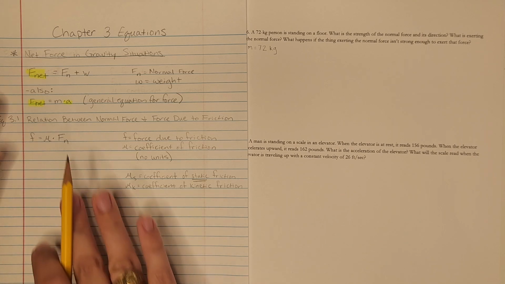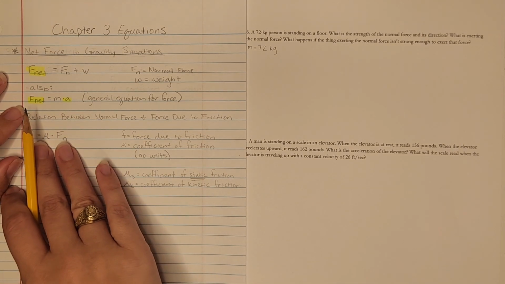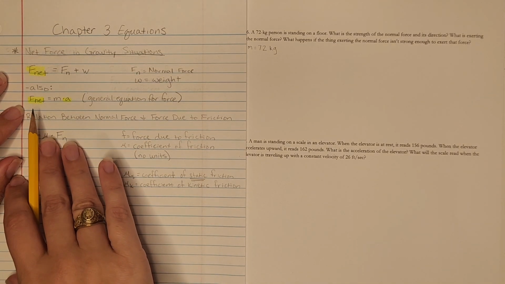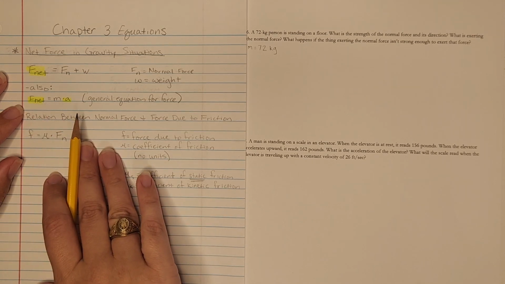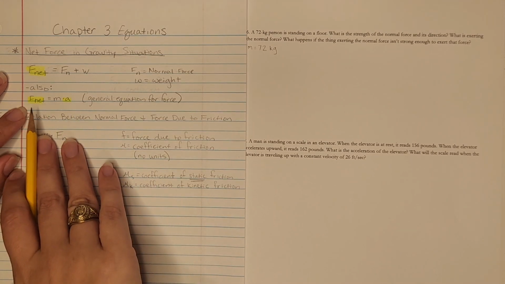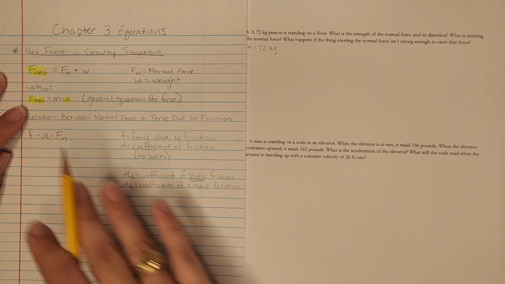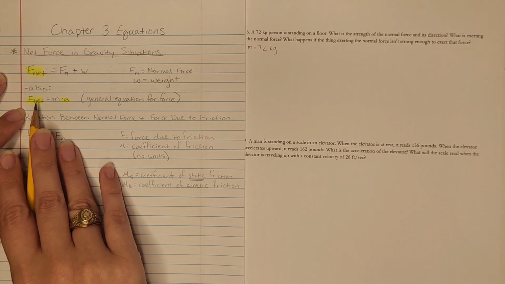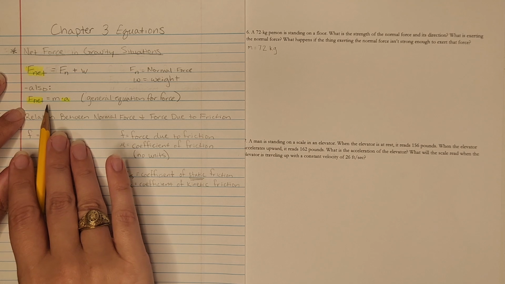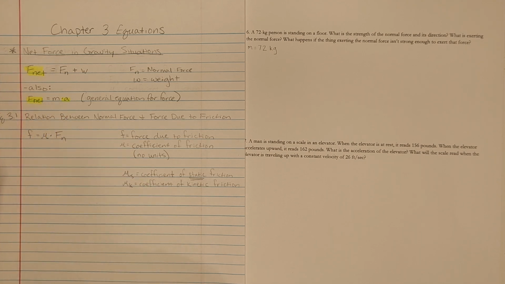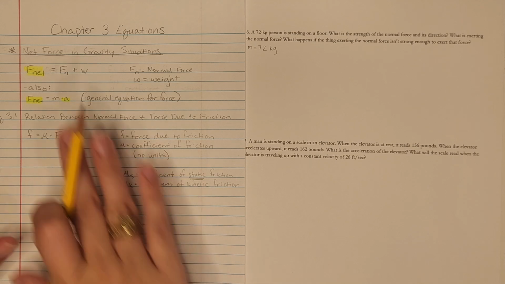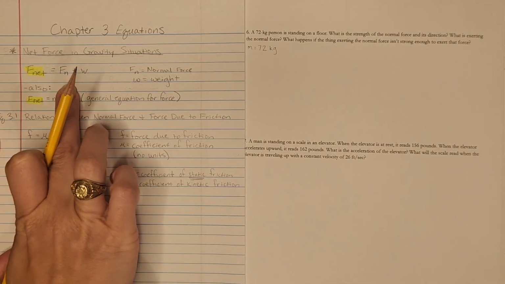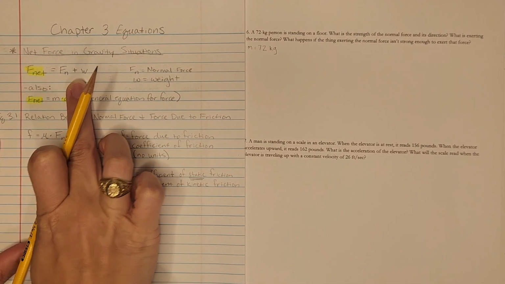We've also used this equation before in chapter 2: force, and we're calling it net force, but it's still force, is equal to the mass times the acceleration. So this is what I am going to use here.